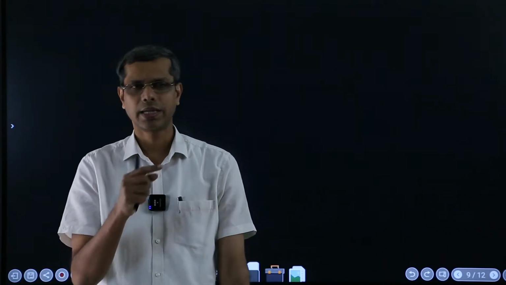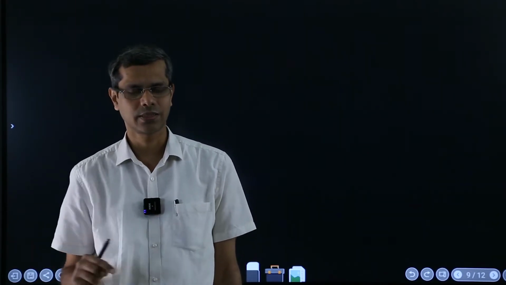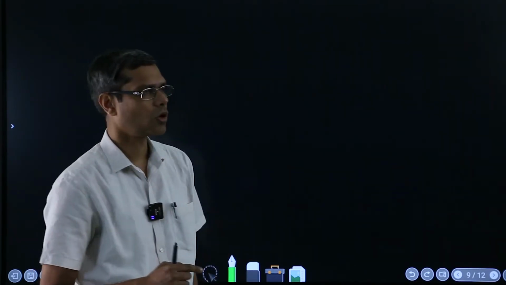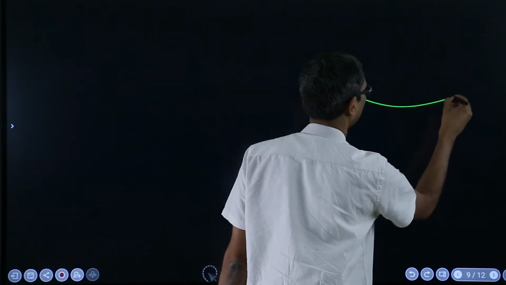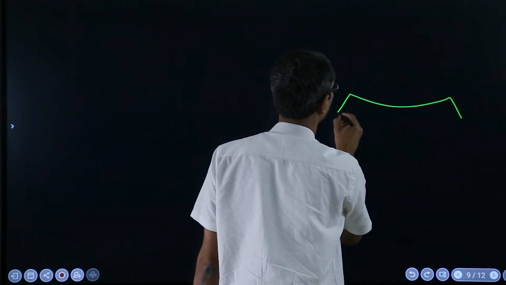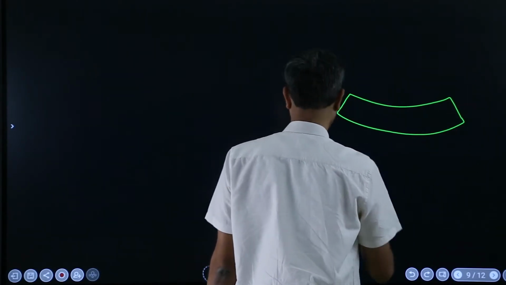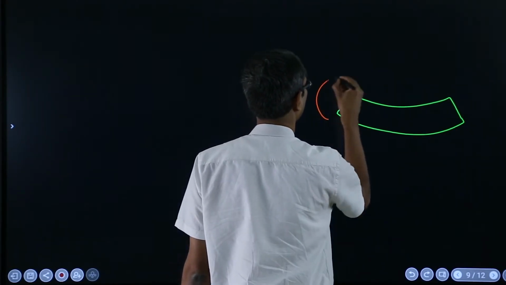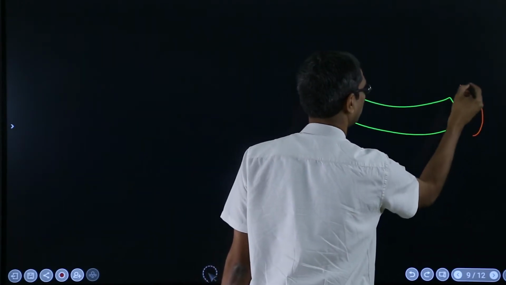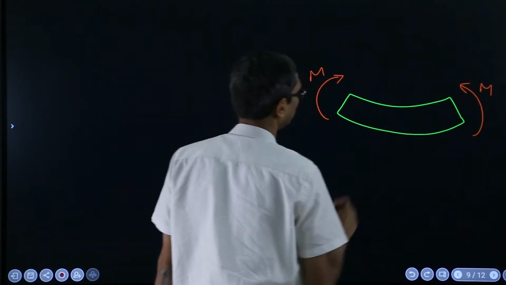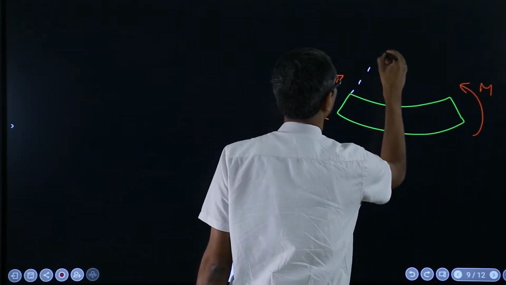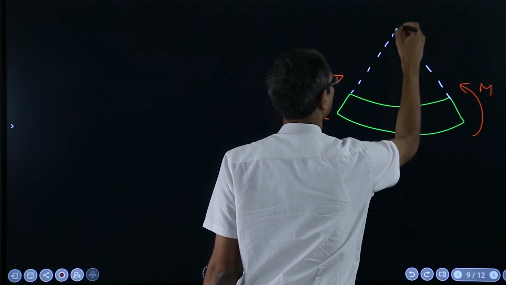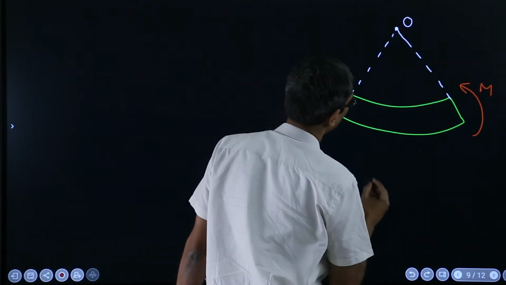For example, when we saw that once we apply the moment, an arc of a circle results, whose radius was rho, if we remember. So let me draw this. So you had it like this. And we had applied moment M at both the ends. The sign of this moment was considered positive conventionally, and then these lines met at a point which was the center of curvature.